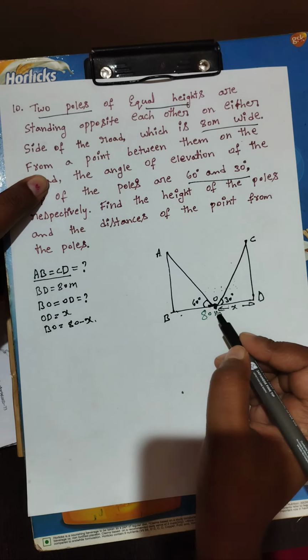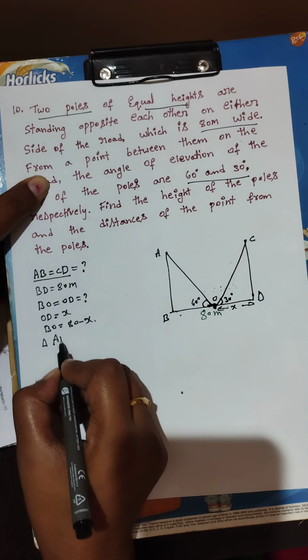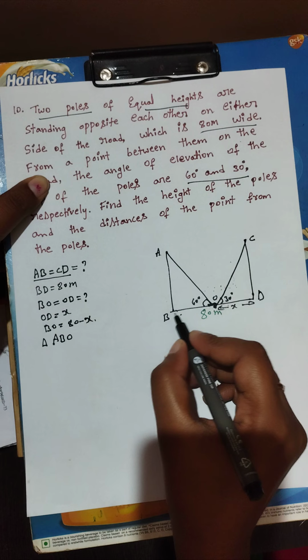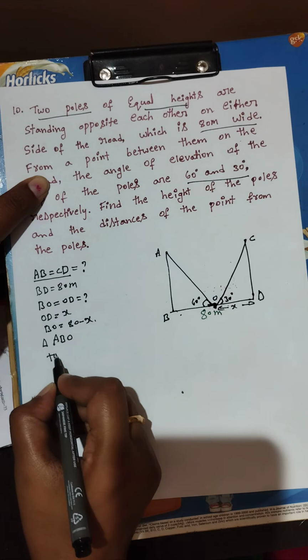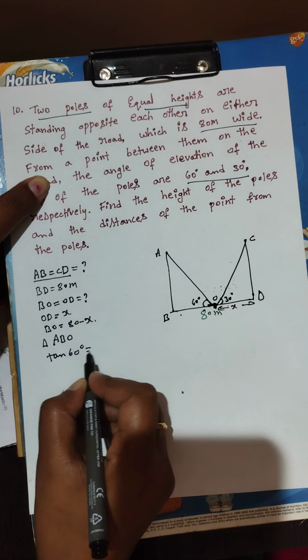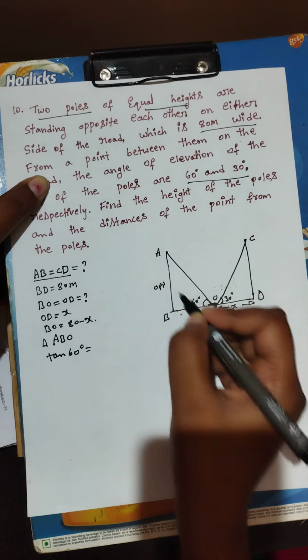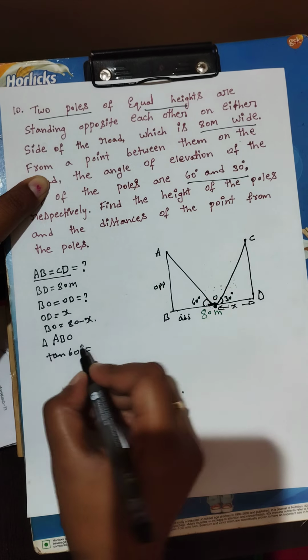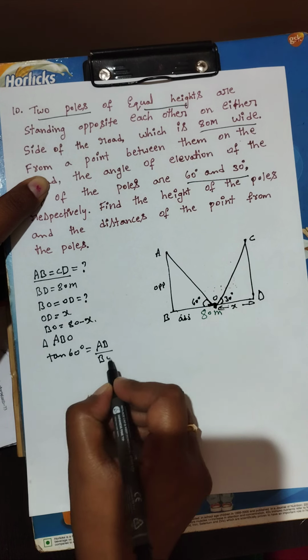Now consider the triangle for both. First consider the triangle ABO. In triangle ABO, tan 60 degree is equal to opposite by adjacent. This is opposite and this is the adjacent. So what does it become? AB divided by BO.